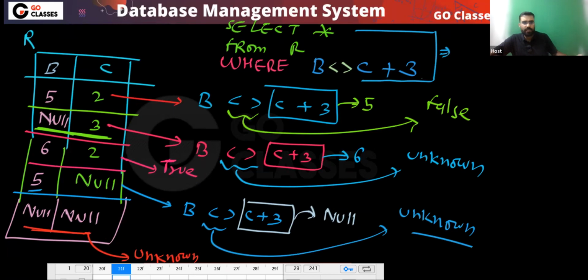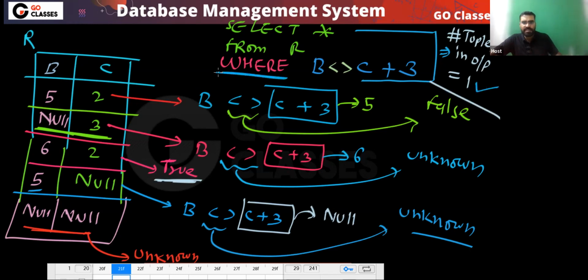Number of tuples in the output for which you are getting true. Only one tuple will be in the output. In the output, you will get those tuples for which the where condition is true. Yes or no? The where condition must be true.